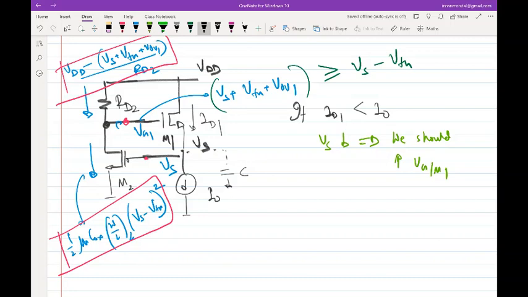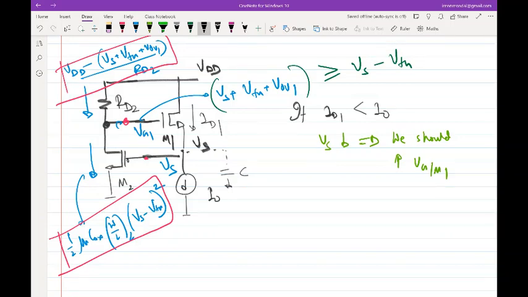Okay. So now the question is, who is setting the bias? In the sense that if I change I0 by a slight amount, will VS change appreciably or will VG change appreciably? If VG changes appreciably, then the significant change in VG is what is actually setting the feedback.